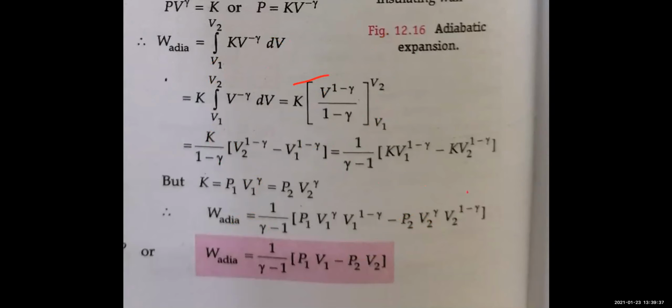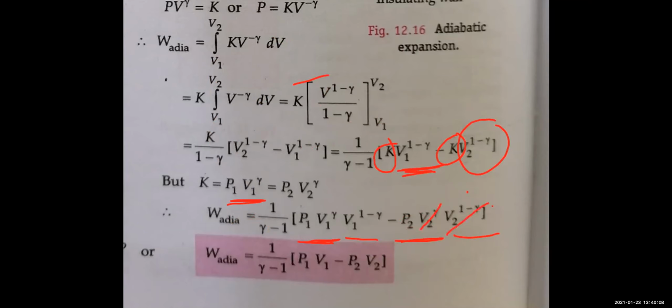So here we are having K. Instead of K, what we will put? We will put P1 V1 raised to gamma, and along with this, V1 raised to 1 minus gamma, which is already there. And instead of K, we will put P2 V2 raised to gamma, and already we have V2 raised to 1 minus gamma. Now V2 raised to plus gamma and V2 raised to minus gamma will get cancelled.